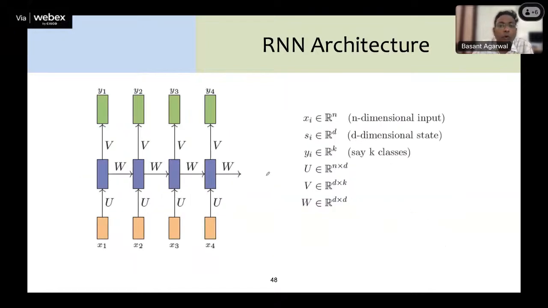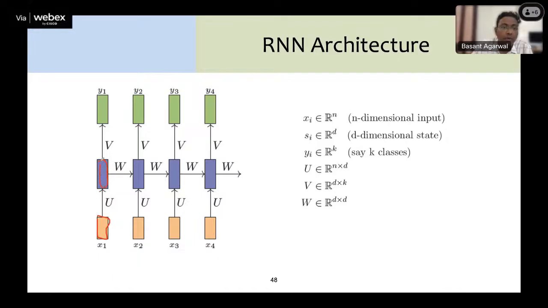Okay, so if you want to compute the total number of parameters in the network, we can compute it like this. Let's say the input dimension is an n-dimensional vector, that is mostly the embedding dimension, and the number of nodes in the hidden layer is, let's say, d.